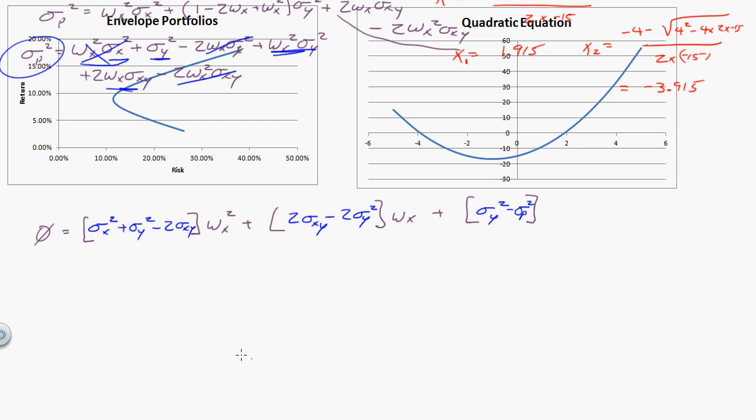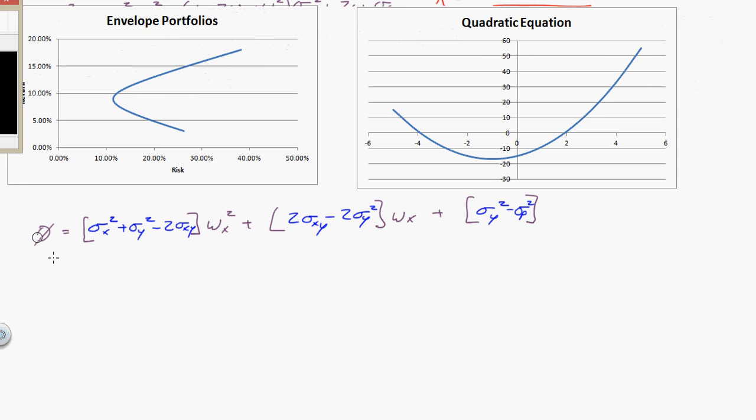Okay, so how to actually handle this? Well, I need to know where this came from. And I'm going to pause the video and clean some of this up real quick. Okay, so when I drew this line right here, how did I do that? Well, I had to know the following. I needed to know the return and the risk. So I had assets X and Y, and I had the return and the volatility.